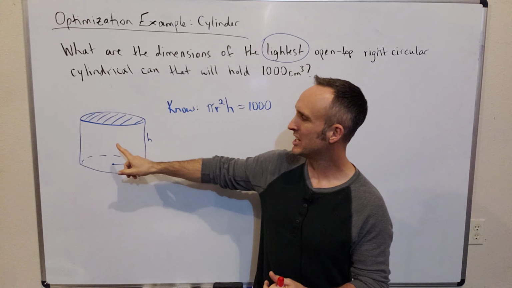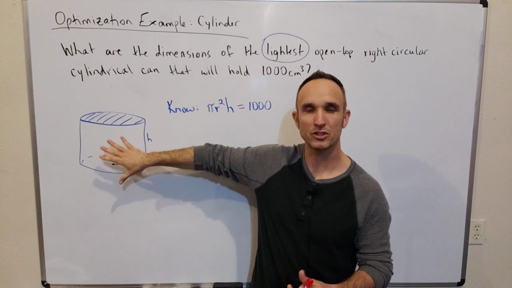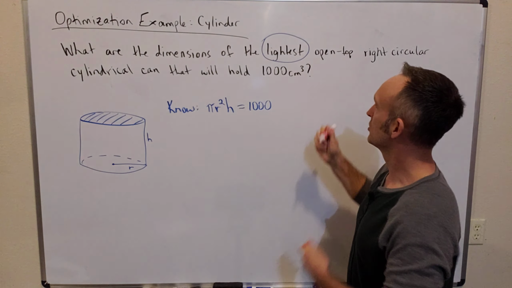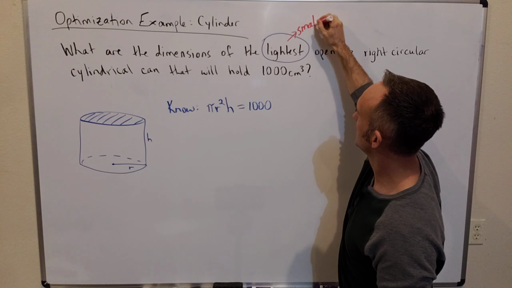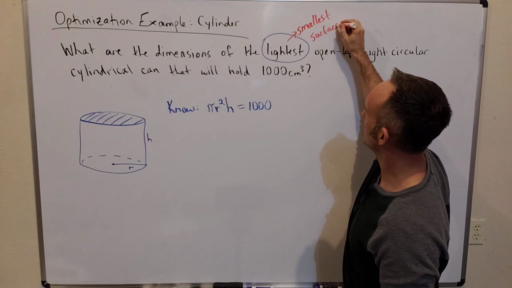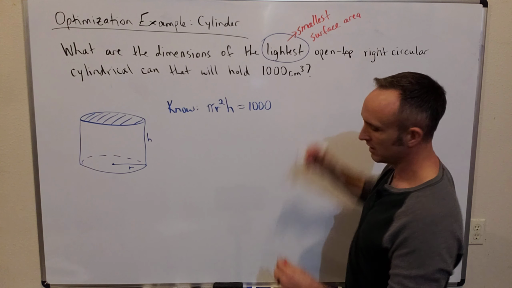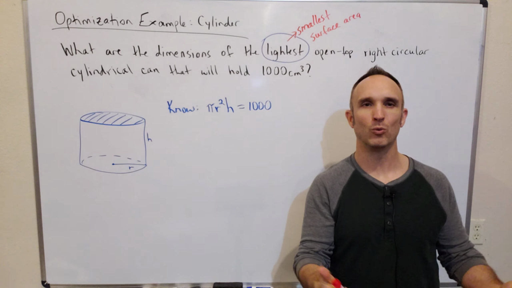So the material that you use is dictated by what's called the surface area. How much surface does this have? So in this problem, we want the smallest surface area. And we're assuming that the can will be made of a particular material no matter what.